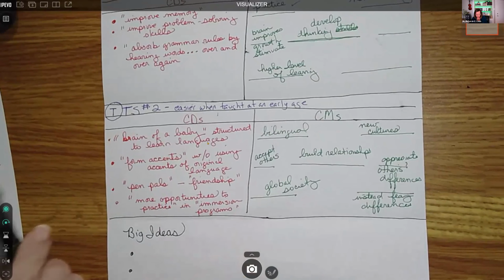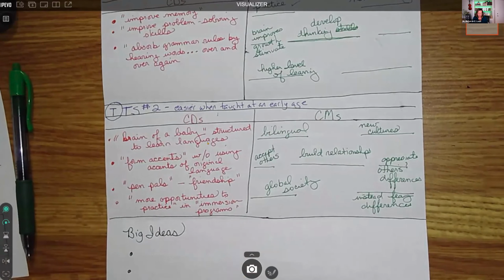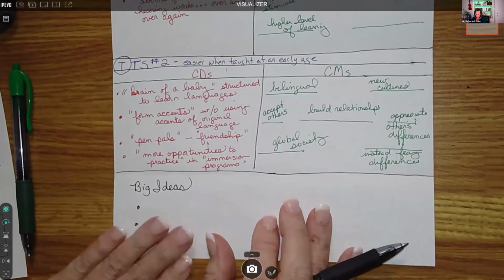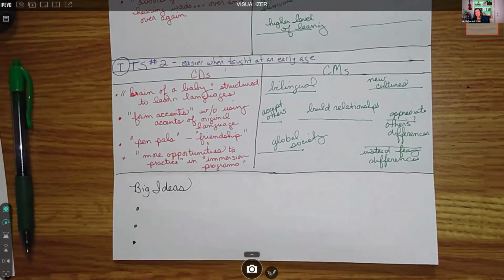So the big idea for when we're talking about the ECR, I'll just show you this. The big idea is I say to the students, you know, what is a big idea? Like what is a really big idea that you think the author is getting across to us?